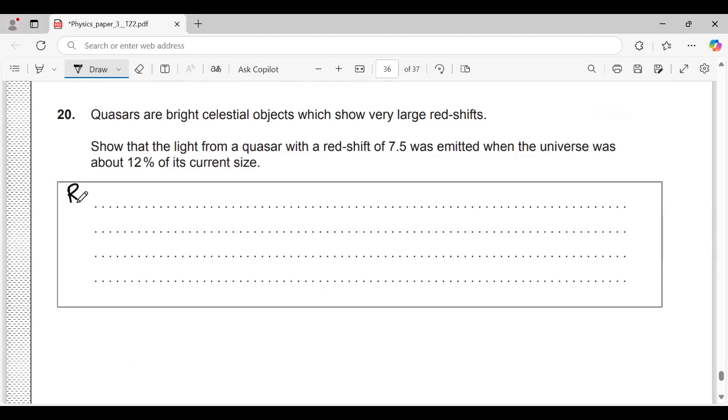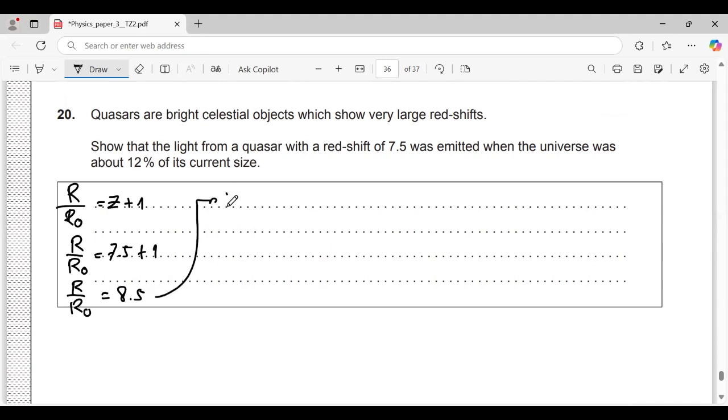It says that R over R0 equals z plus 1, where R is the scale factor. So R over R0 equals 7.5, because z is 7.5, plus 1. So R over R0 equals 8.5.